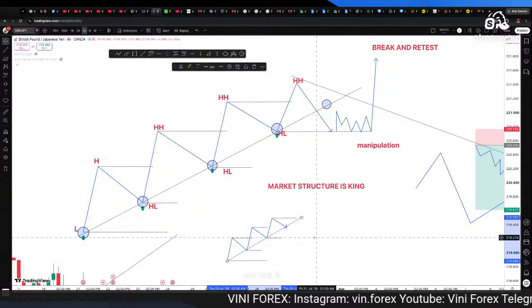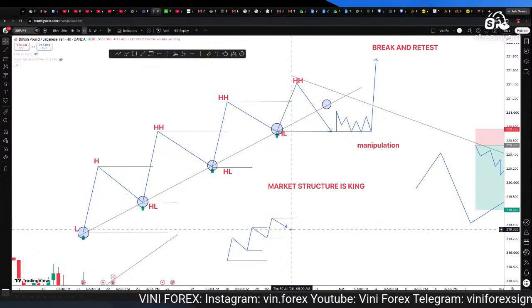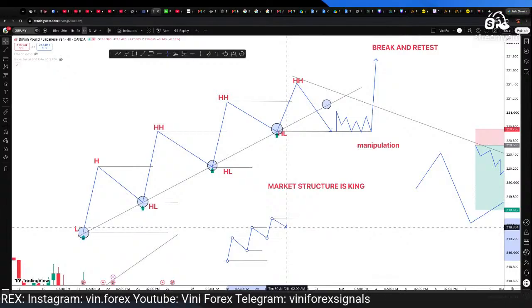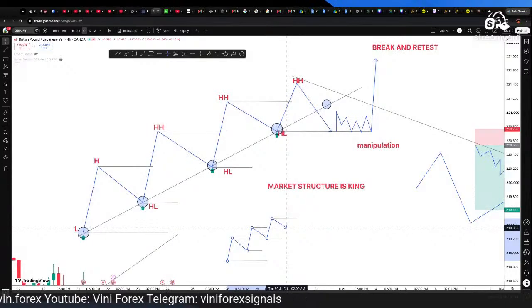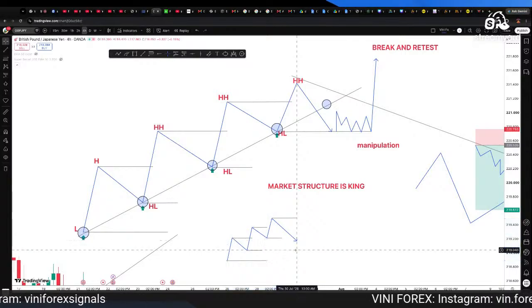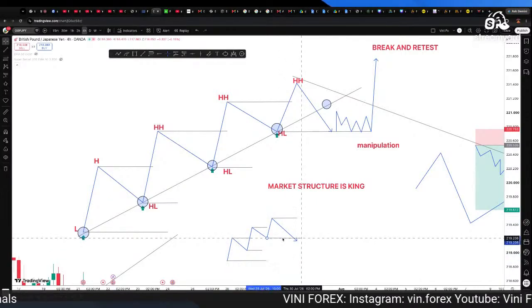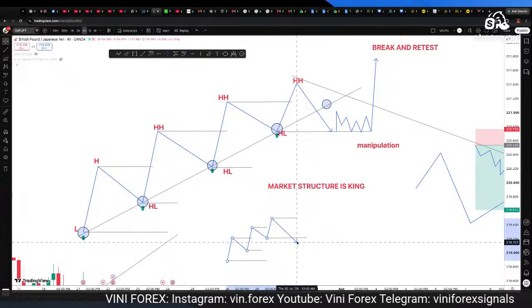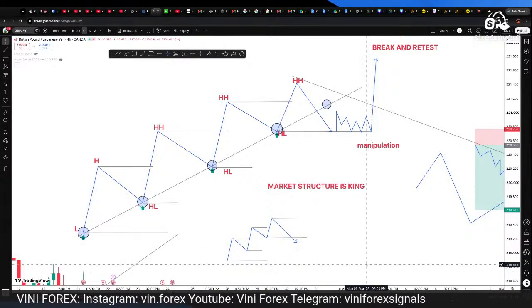Now, answering your question, this market is still in an uptrend until this low comes down to close below the level of this previous higher low. If you close below the level of this higher low, it means the trend is changing.